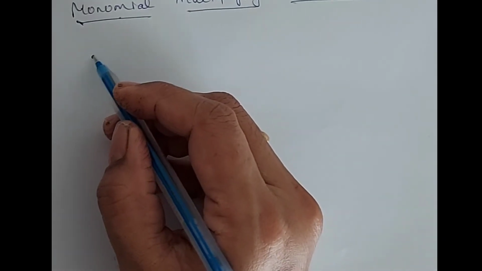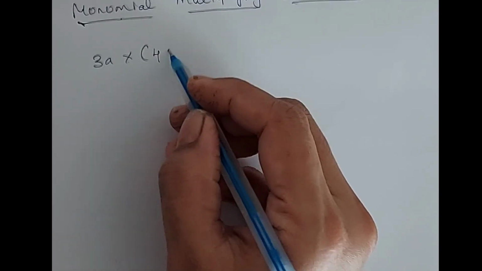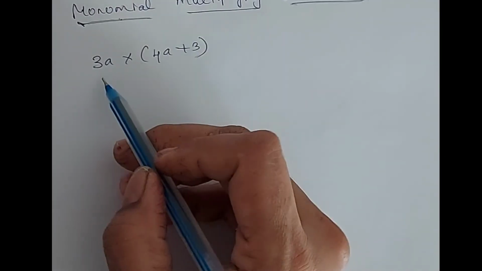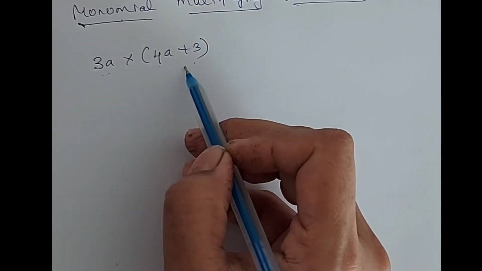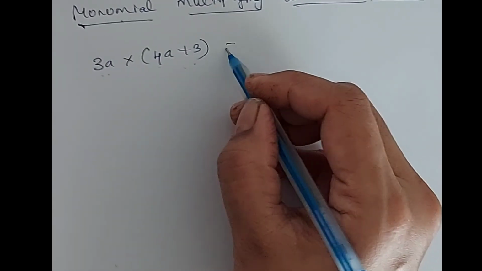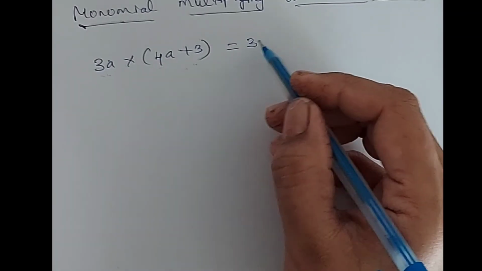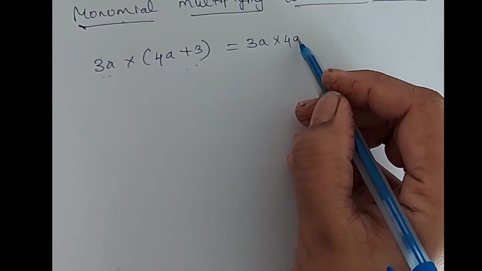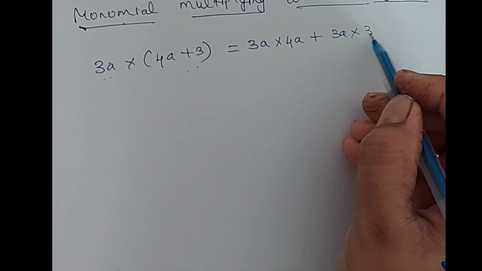3a multiplied with 4a plus 3. This is a monomial, this is a polynomial, because this expression contains two terms. First we have to multiply all the terms with the monomial, that is 3a multiplied with 4a plus 3a multiplied with 3.